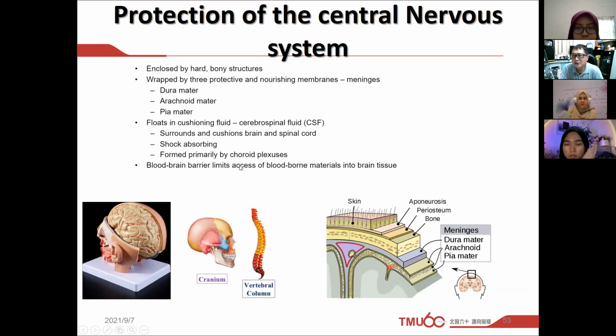So if something is passing in our blood, it's not easy to penetrate into a central neuron, preventing further damage. That's a very unique protection.